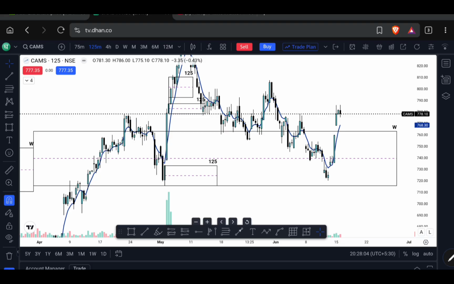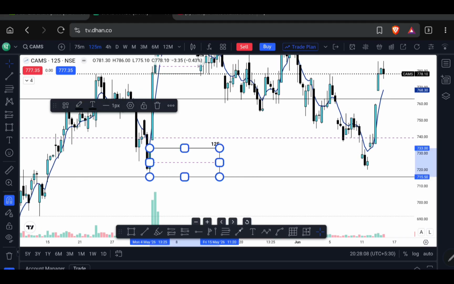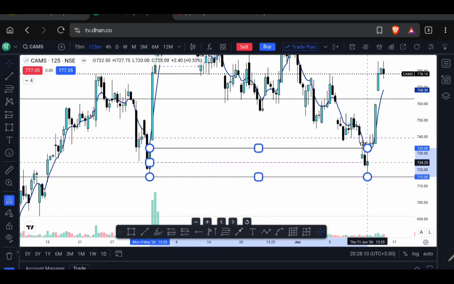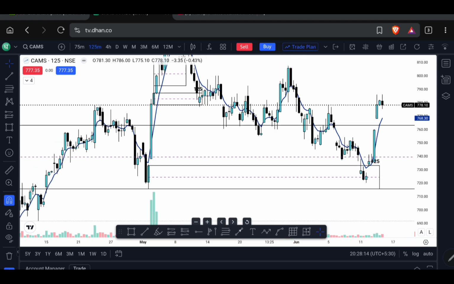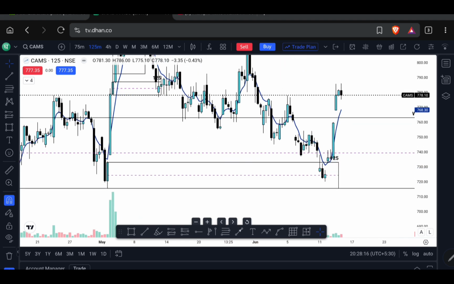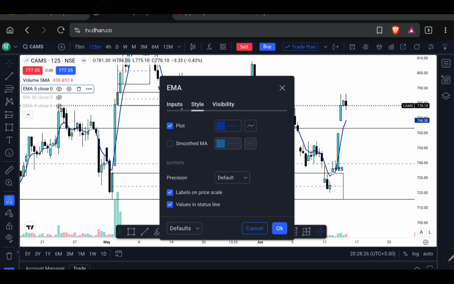And the next thing we will do is just wait for the price to hit that demand zone. And one more thing I just want to include is this one thing. I have added EMA 5.